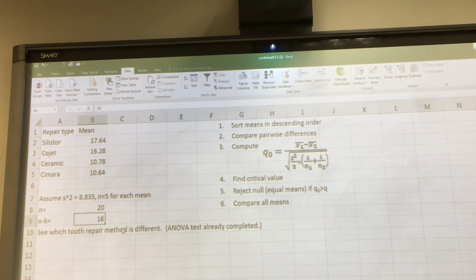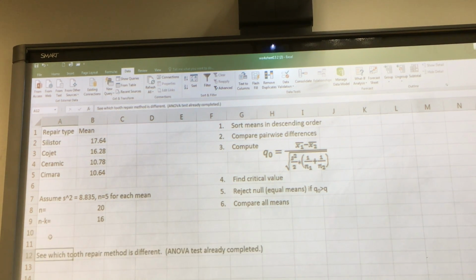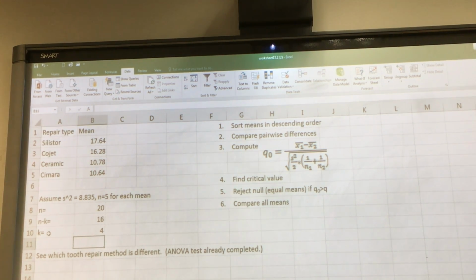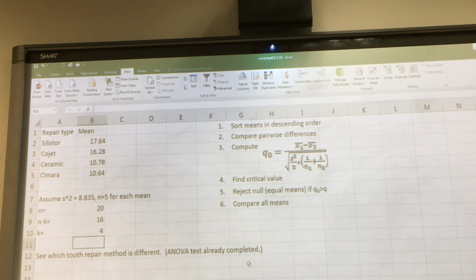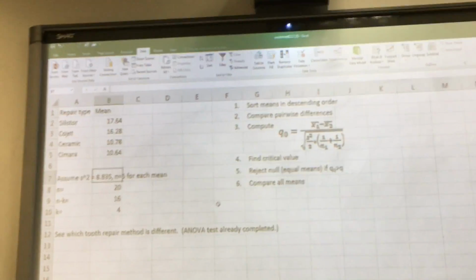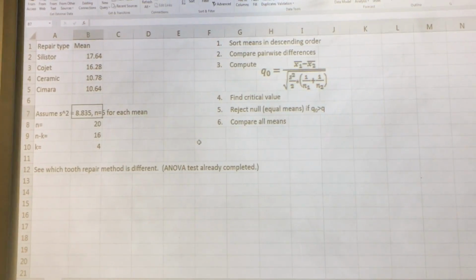And I've got k equals 4 means. So we're assuming the ANOVA test is already done. Where'd you get the 20? Because I've got 5 data points for each mean, and I've got 4 of them, so 20.